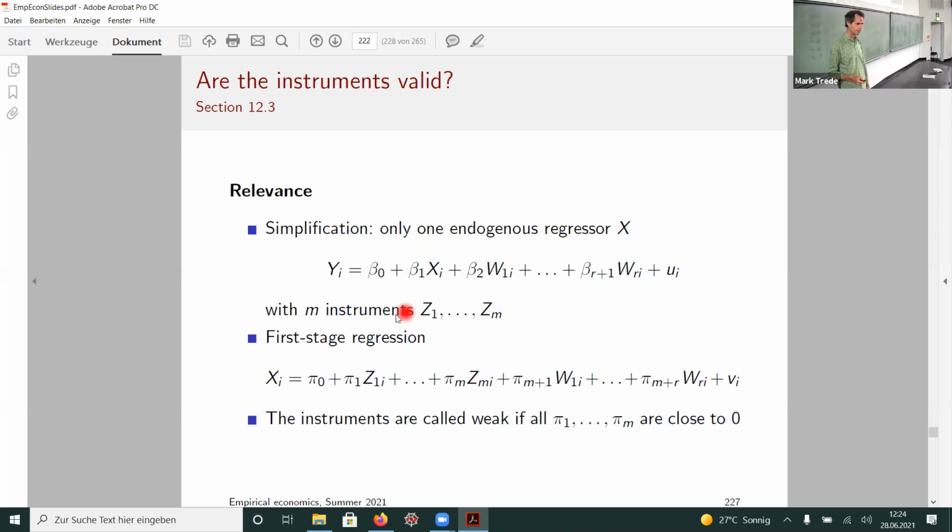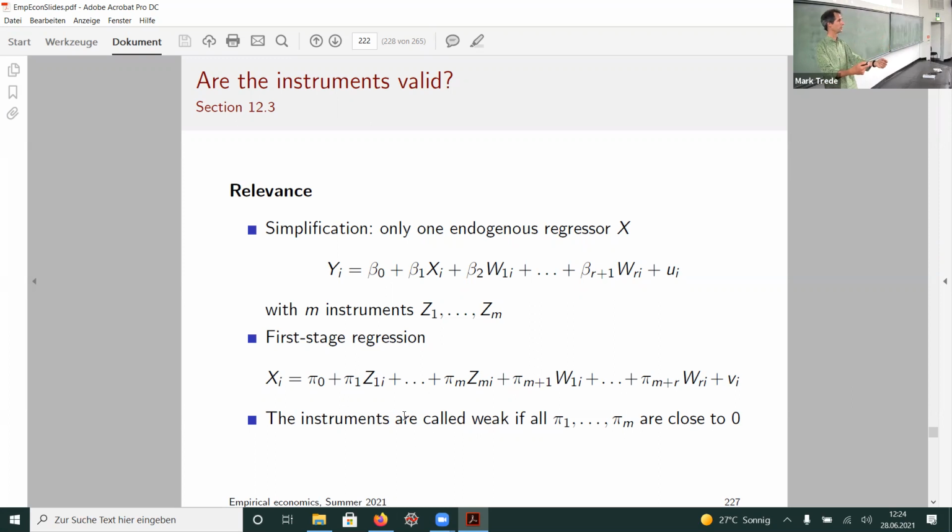Okay, then to find out whether the instruments are really relevant, we might run a first stage regression. And remember, the first stage regression is a regression model which we are not really interested in. The first stage regression is running a regression of the problematic regressor, the endogenous regressor, on the exogenous variables and the instruments. So in this case, we run a regression which we are not really interested in.